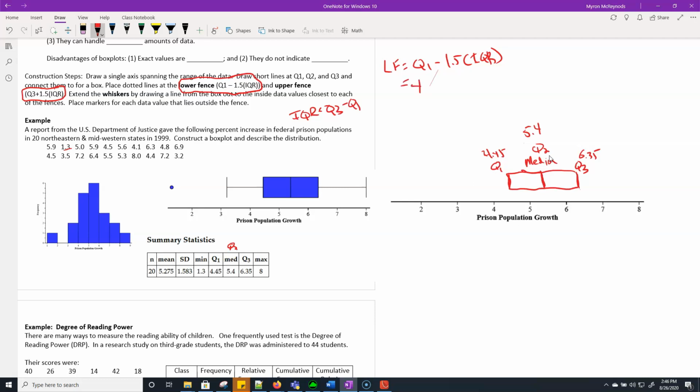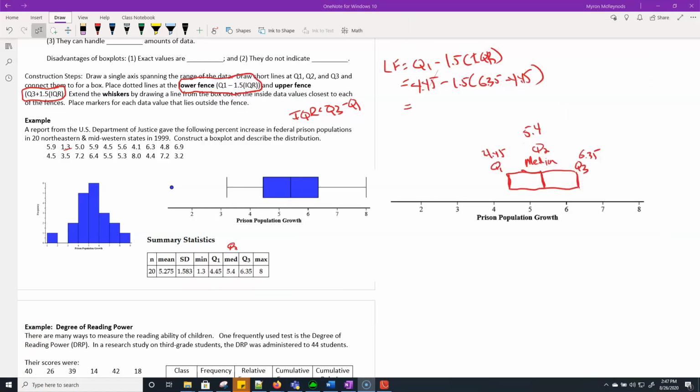Q1 is 4.45 minus 1.5 times the IQR, which would be 6.35 minus Q1, 4.45. And so calculate that using a calculator.